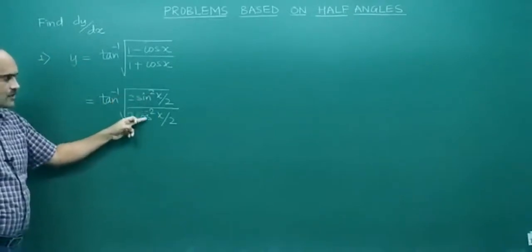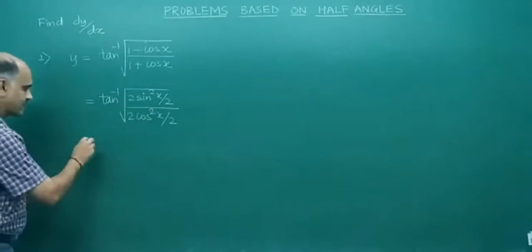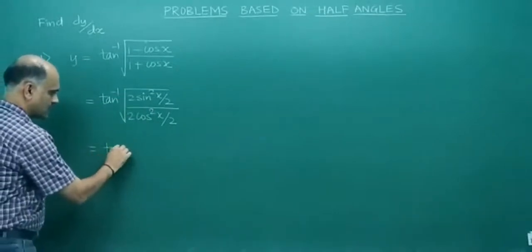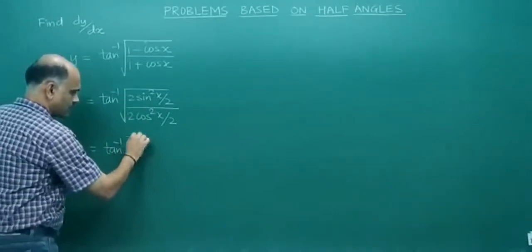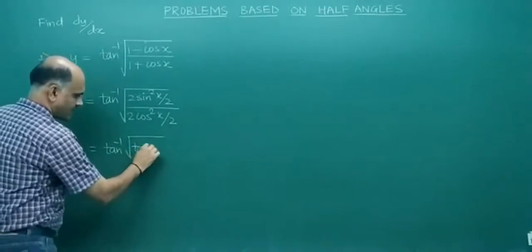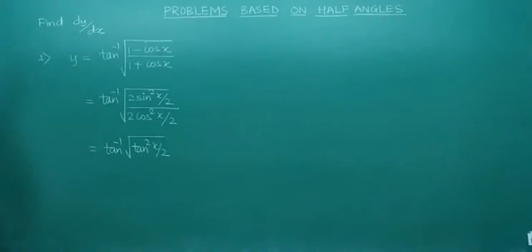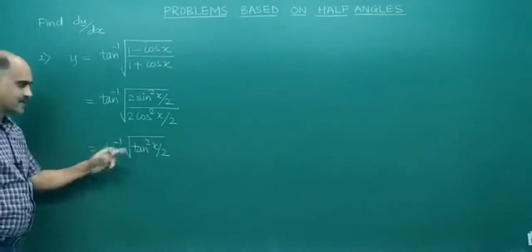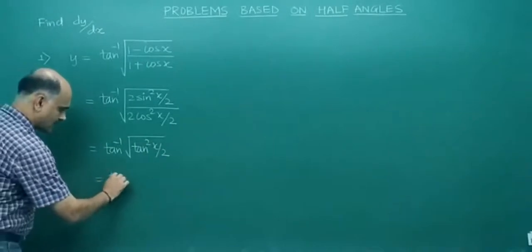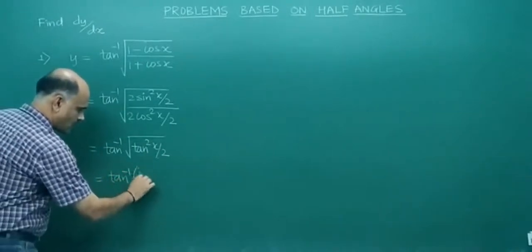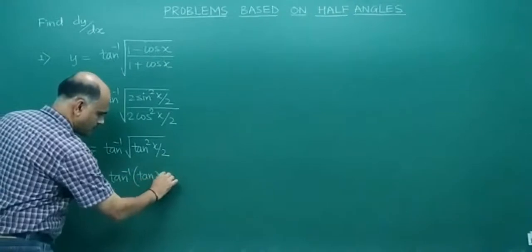Sin square by cos square will be tan square. So you will have tan inverse root of tan square x by 2. So root and square gets cancelled. You will have tan inverse of tan x by 2.